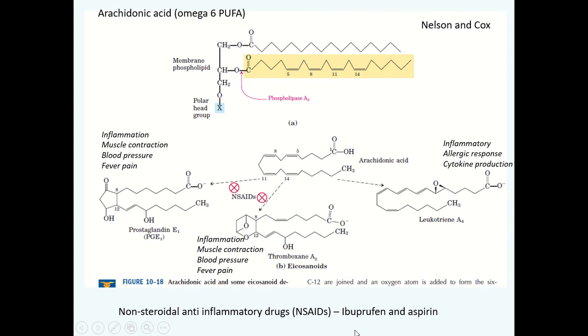So the drugs like ibuprofen, the common name is brufen, and aspirin, these are the drugs which inhibit a key enzyme which is important for the conversion of arachidonic acid into these physiological mediators. Hence, consuming these drugs suppresses the production of these inflammatory mediators and hence relieves the symptoms of fever and pain.